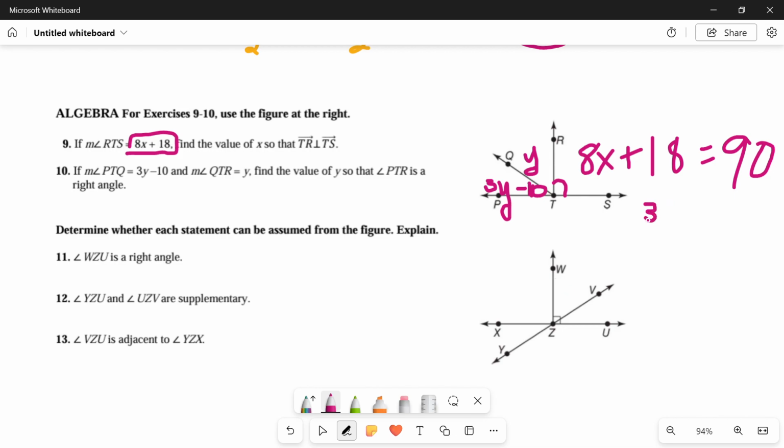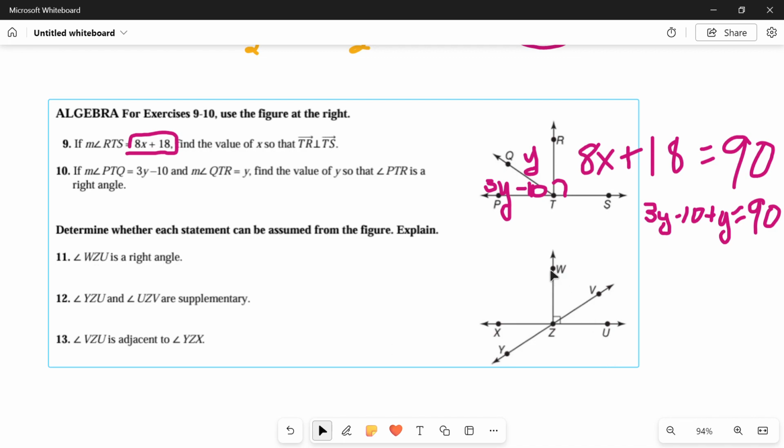And then again, you have another problem like that: 3y minus 10 plus y equals 90. Sorry, guys. But basically, this is just another algebra problem for you. Both of those are. Then lastly, we're going to take a look at this.